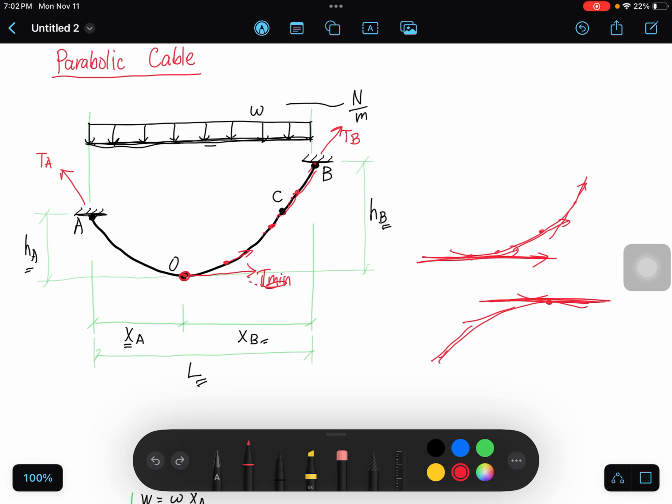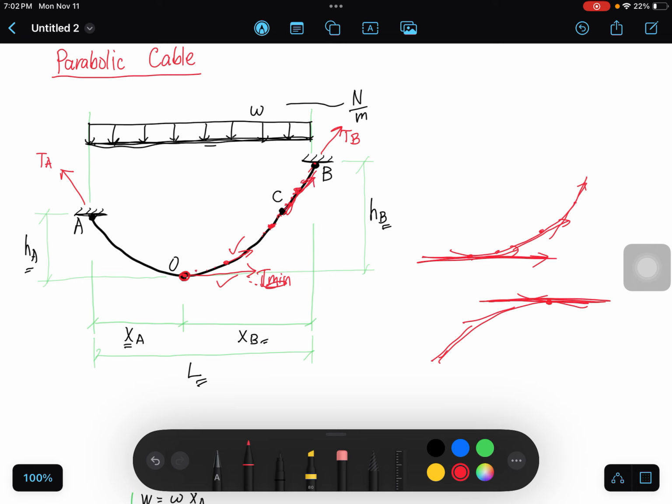So, kung ikukumpara mo yung force dito, mas mataas ito kumpara dito kasi minimum to eh. Habang tumataas ang cable, tumataas din yung tension force dun sa point na yon. So, kung dito, mas mataas na yan at iba na din yung slope.